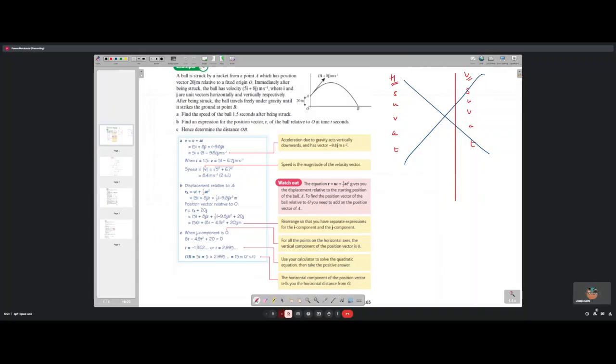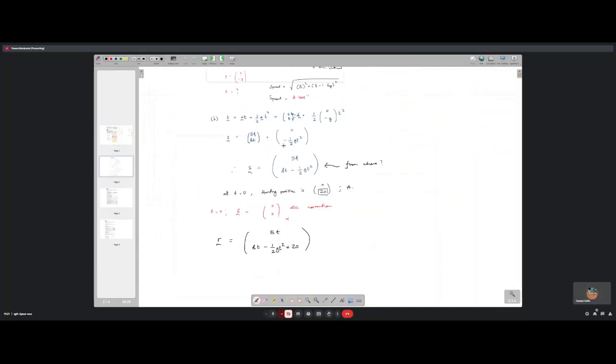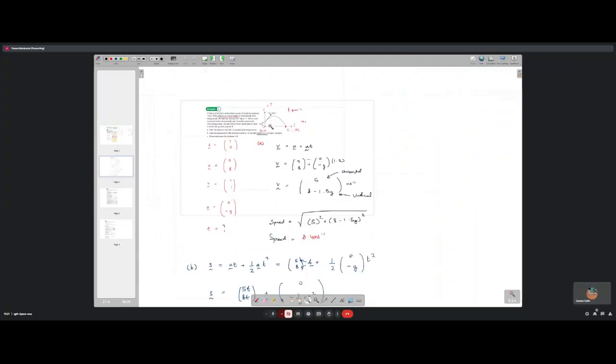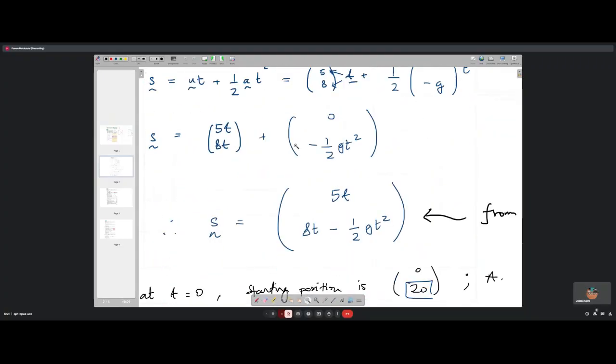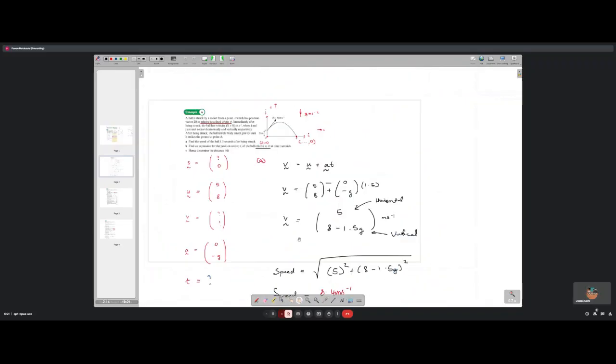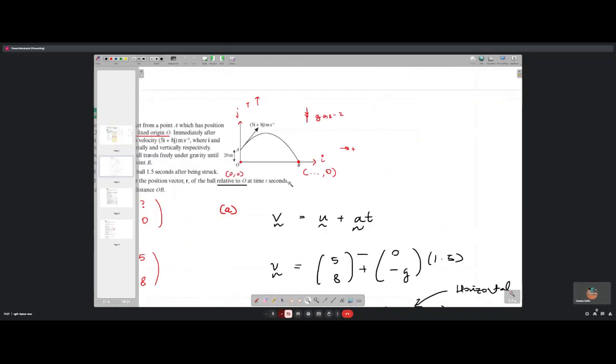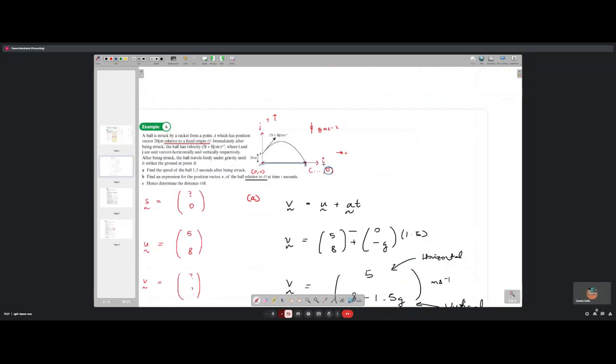And then part C, it says, hence determine the distance OB. So now you've got your expression for displacement, right? If you look at OB, OB is this distance here. So you basically want to find where y is equal to 0.